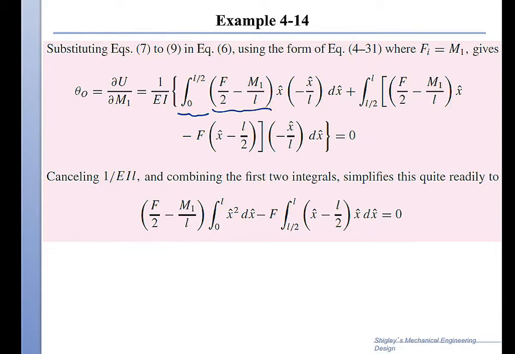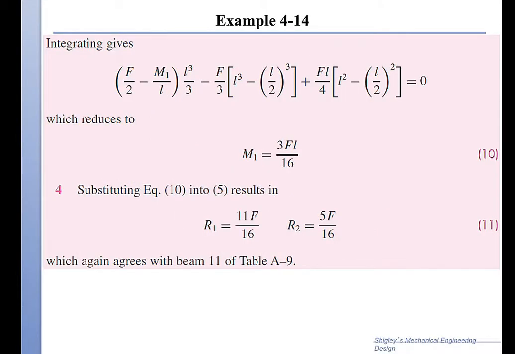This is my M, and this is its derivative with respect to M1. Then I move on to the next part of the beam, where this is my M and this is its derivative. I rearrange and evaluate the integrals. Then we obtain the result and equate it to 0.